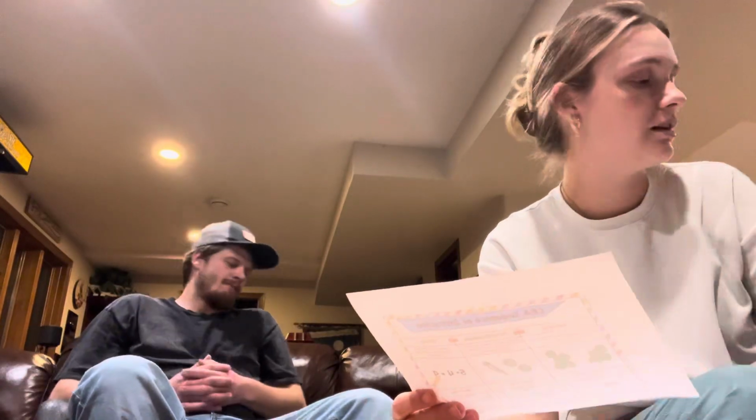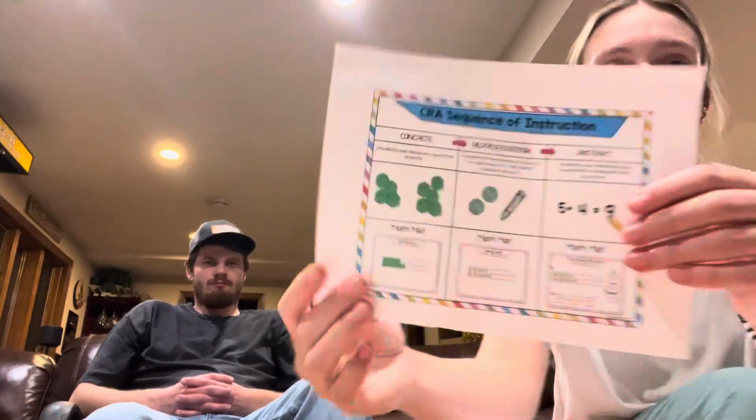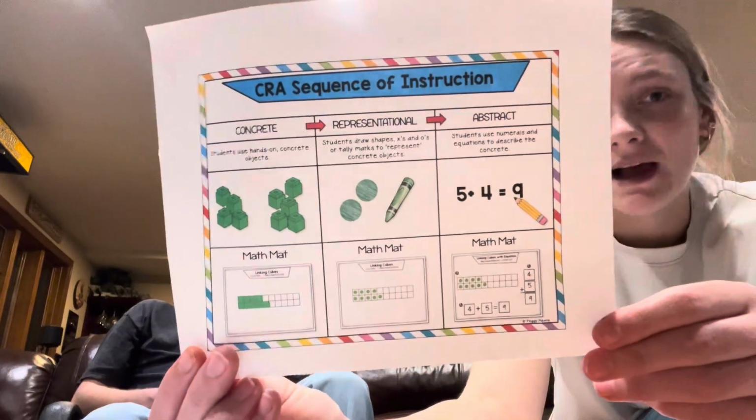And abstract uses numerals and equations to describe the concrete. So that is just like we did right here. This will be displayed on the wall for all the students to see and go back to for help.